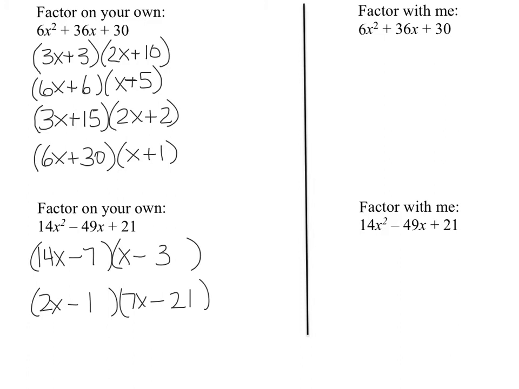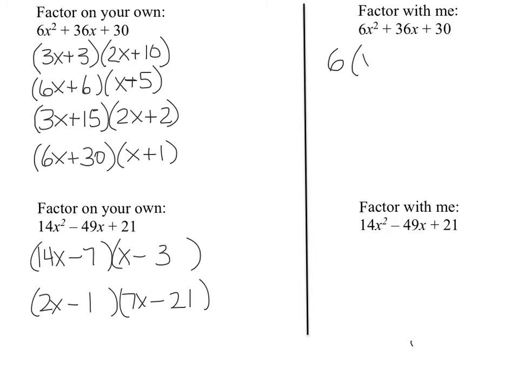So this is the thing that we're going to now have to train our brains to do. When we look at a trinomial now, or any polynomial when you're asked to factor, the very first thing that you're going to try to do is pull out a GCF. So now if you look at this problem, we're going to pull out the 6 in the very first problem. So I'm going to go ahead and write a 6 down, and pull out a 6 out of this.